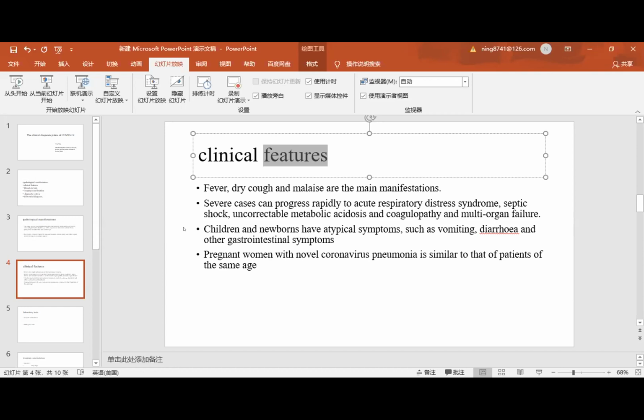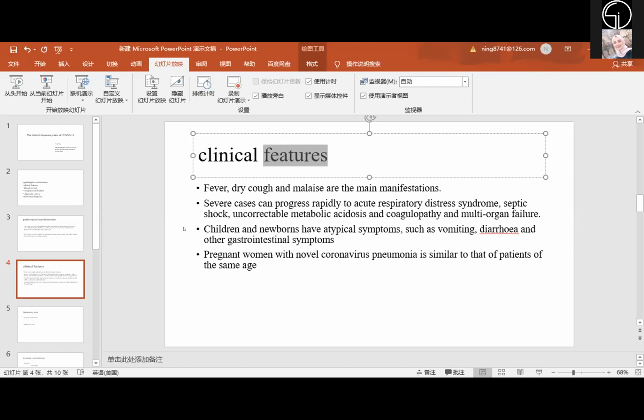Based on the current epidemiological theories, the incubation period is 1 to 14 days, mostly 3 to 7 days. A few patients have symptoms such as nasal congestion, runny nose, sore throat, myalgia, and diarrhea.